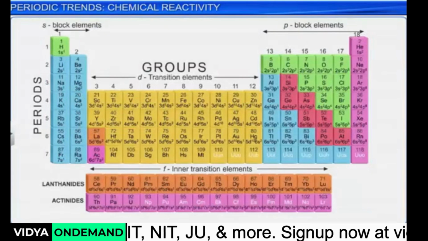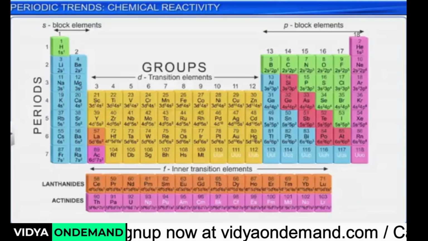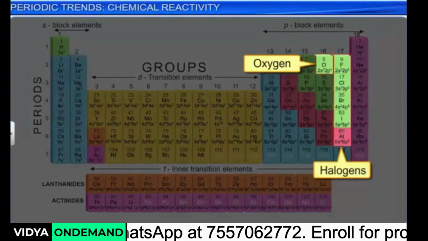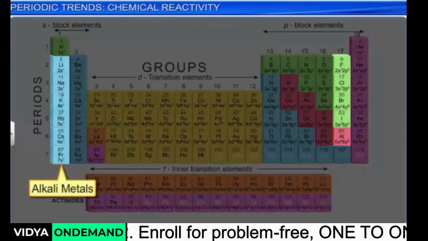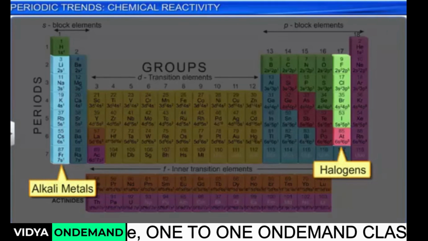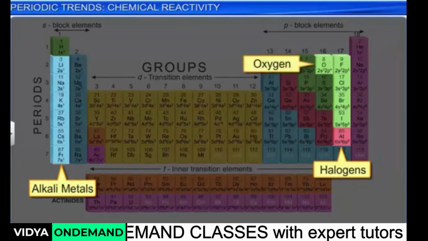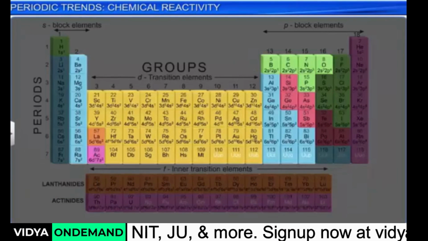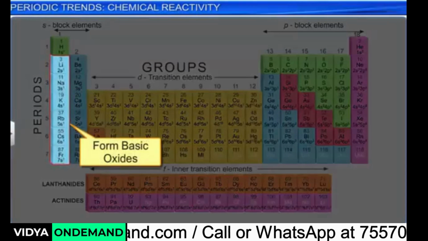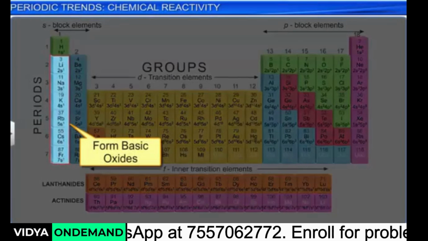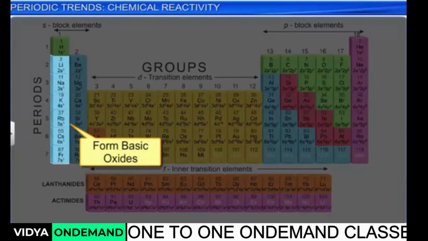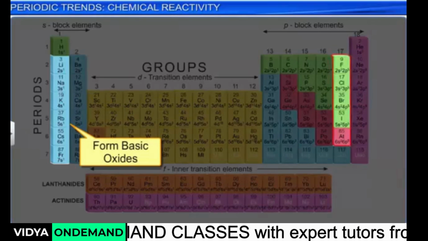The alkali metals and halogens show a higher tendency to combine with oxygen as compared to the elements in the center. The oxides formed by the elements on the extreme left of a period are basic, while those formed by the elements on the extreme right are acidic in nature.